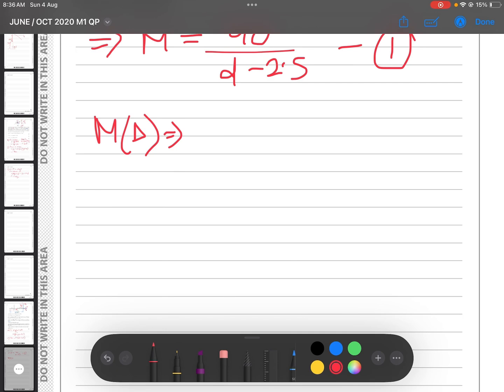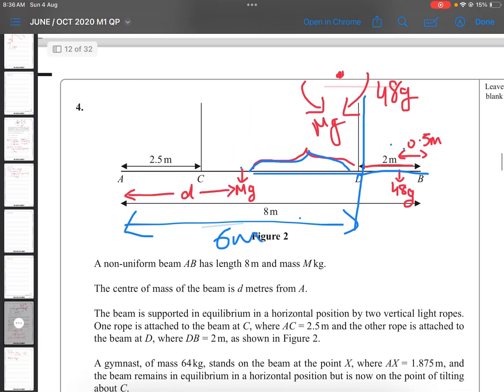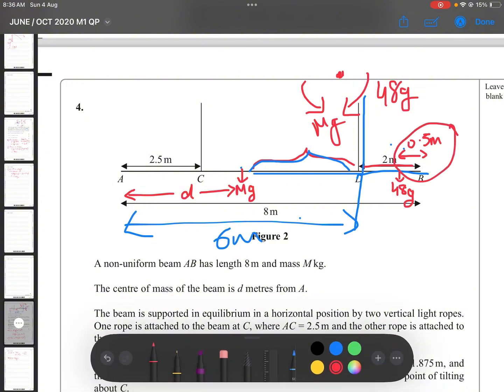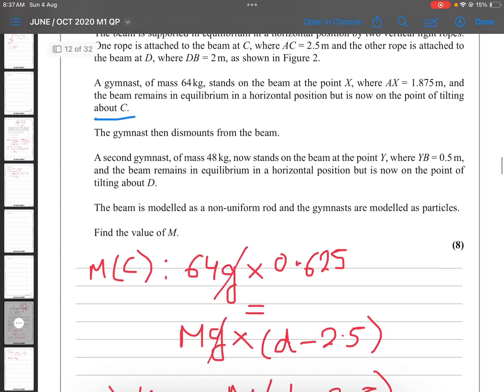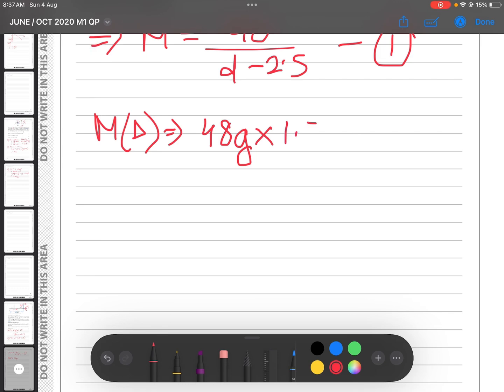Now let's continue. 48g clockwise moment. First let's consider 48g times 2 minus 0.5. It's going to be 2, and then this part here is going to be removed. We want only this distance. So it's going to be 2 minus 0.5, which is 1.5 meters, times 1.5, which is going to be equal to mg times 6 minus d.